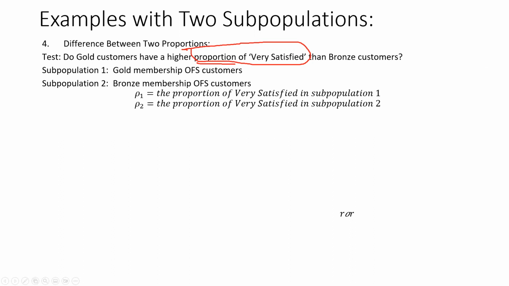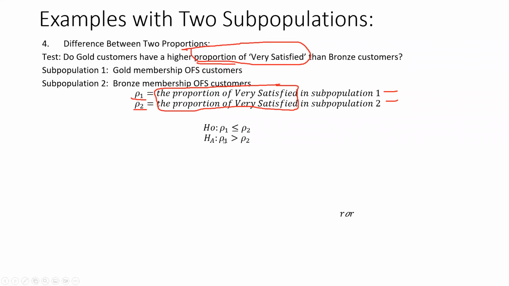And we're going to have the exact same thing, right? These have to be the same thing in order for this to even make sense from a logical point of view. We have to check the same quantity in the 2 subpopulations. And we just give the quantities a different subscript to identify them.